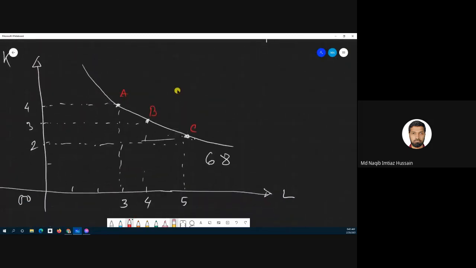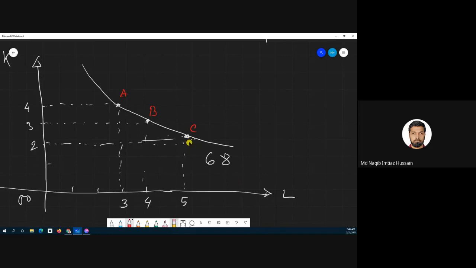Now the question is, where would you like to operate? Whether you want to operate at A point, B point, or C point. How will you decide? What does your hunch say? Which place is best to operate? Because wherever you operate, the output is the same, 68.